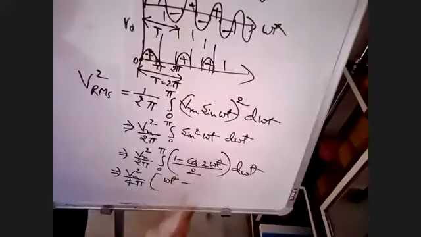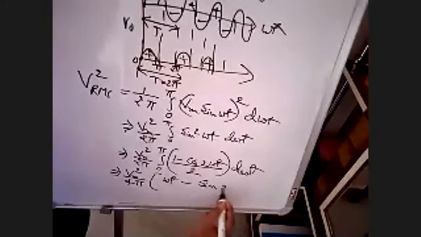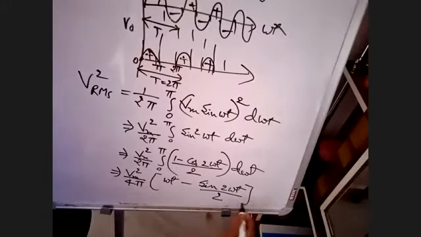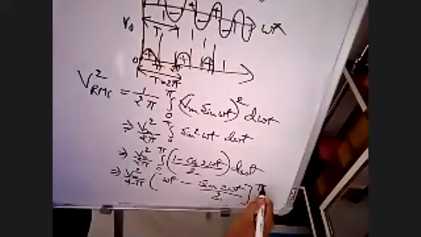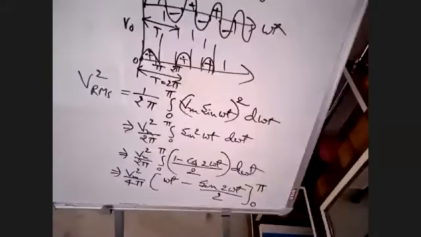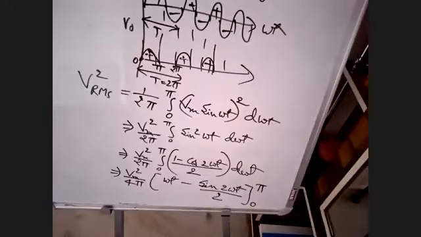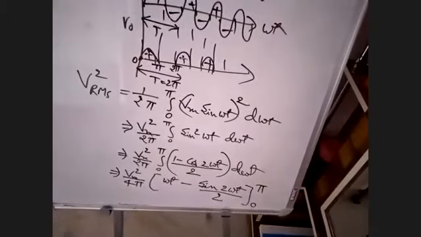Integral of cos 2 omega t is sin 2 omega t by 2. Write down this. Now we'll substitute the limits.